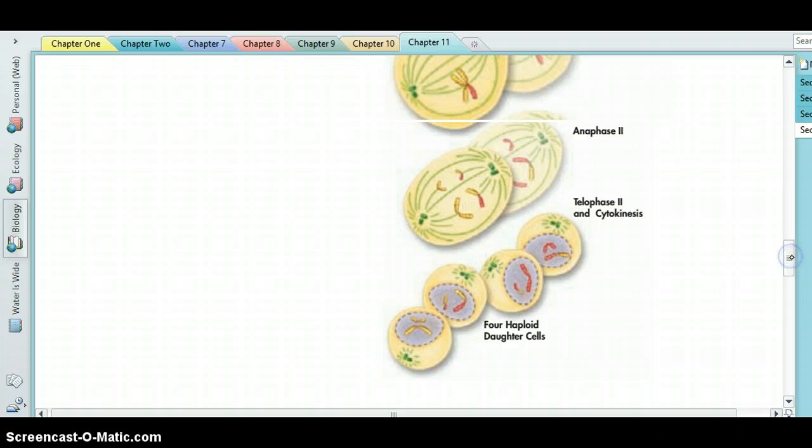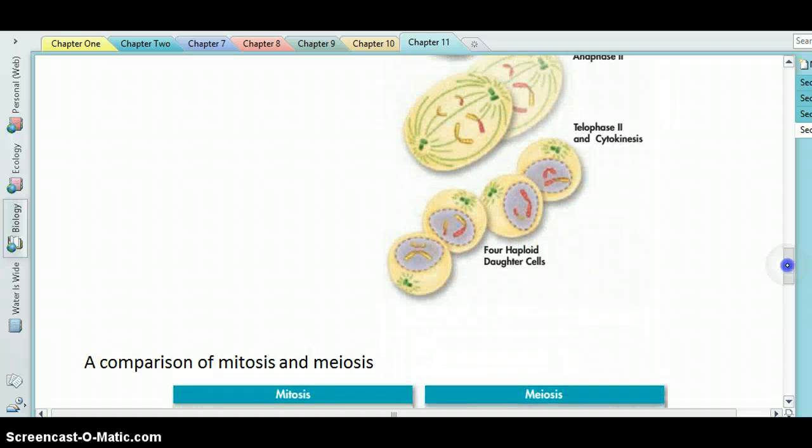During anaphase, we pull apart the chromatids. And so by the time we get to telophase and then cytokinesis, we now have 4 cells, each with their own nucleus, of course, and each with the haploid number of chromosomes, but we don't have duplicated chromosomes at this point because the chromatids have pulled apart.